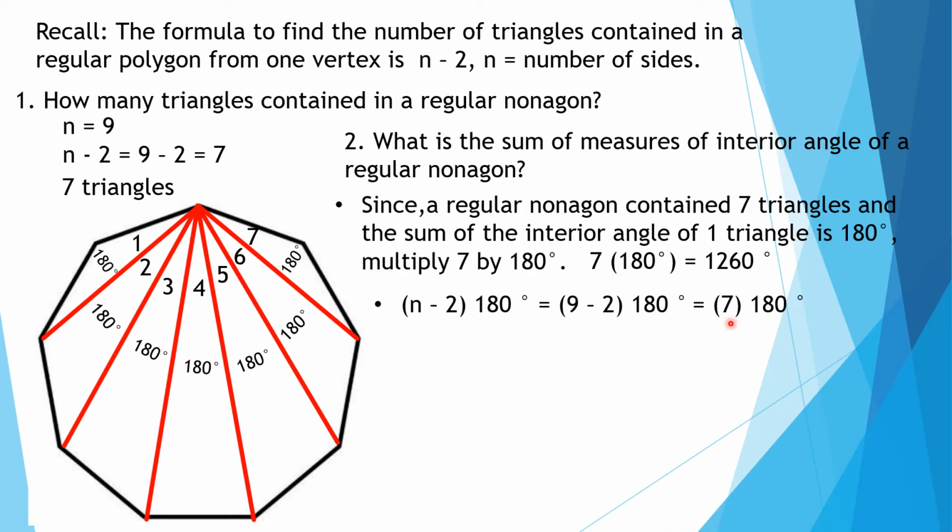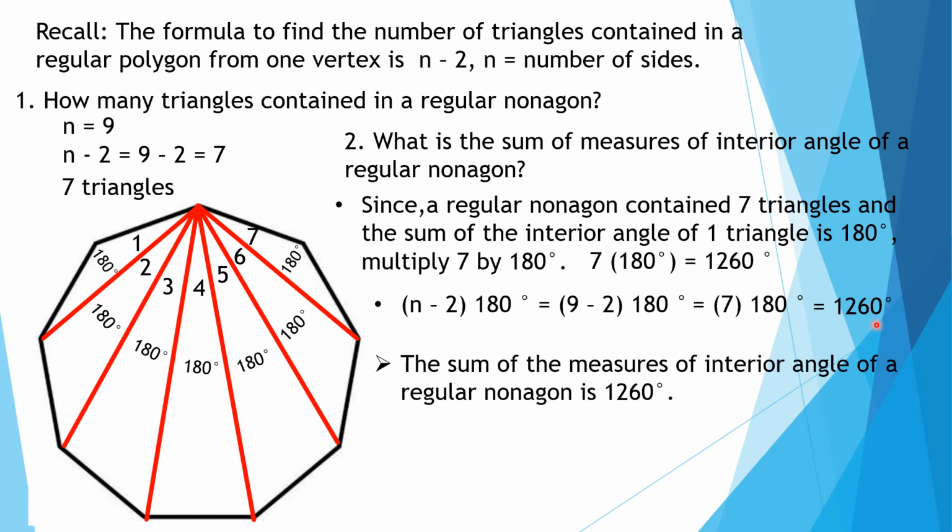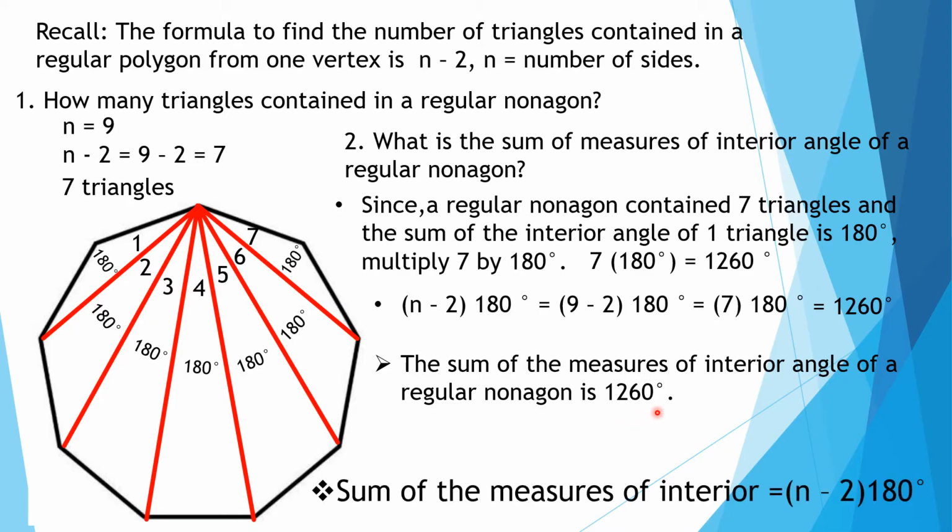Then 7 times 180 degrees is equal to 1260 degrees. The sum of the measures of the interior angles of a regular nonagon is 1260 degrees. So to find the sum of the measures of the interior angles, use the formula n minus 2 times 180 degrees.